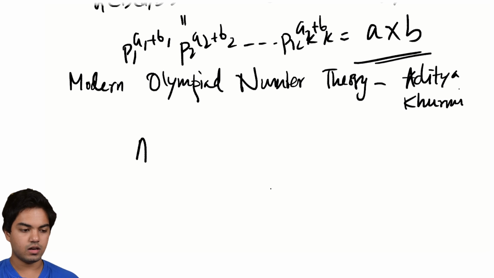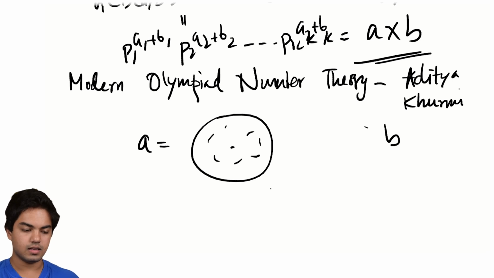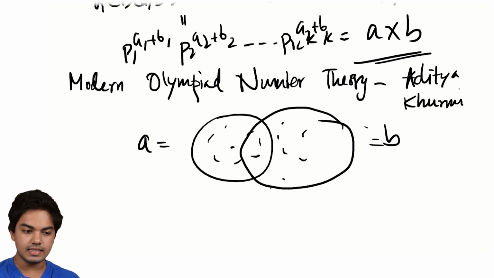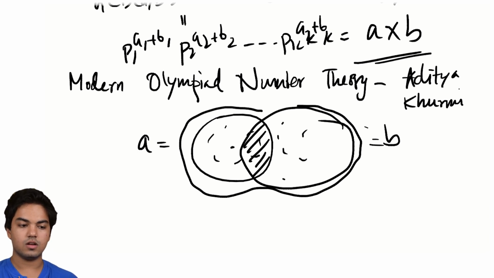If the number A corresponds to a multiset with primes sitting inside, and B is another multiset with some other primes, the GCD is actually the intersection, right? It's all the things that are common to A and B. Similarly, the LCM is actually the union of the multisets involved. You can try and verify this idea, and it only clarifies further the notion that primes form the atoms of the natural numbers.